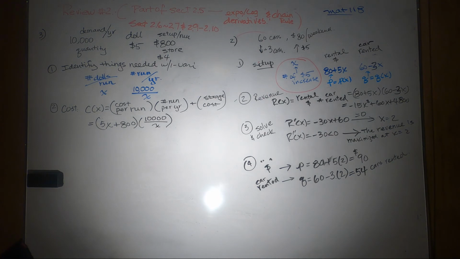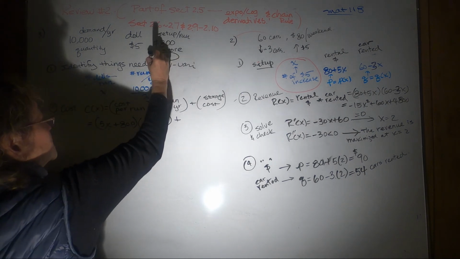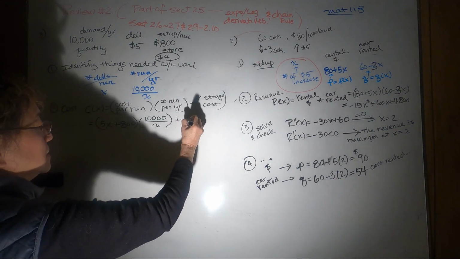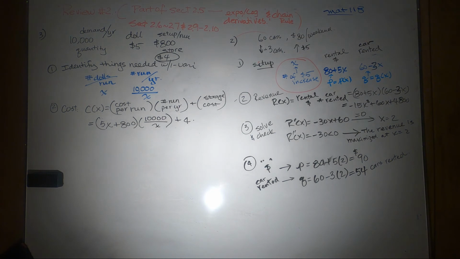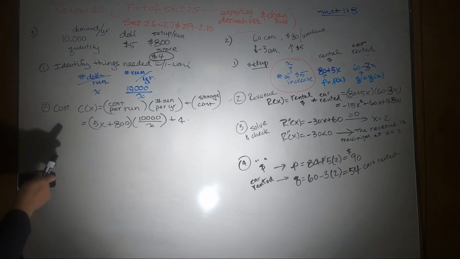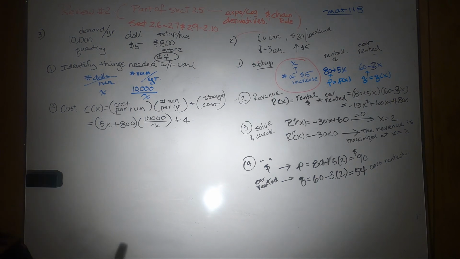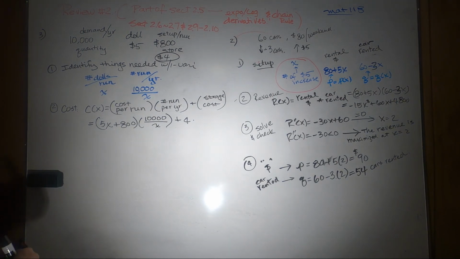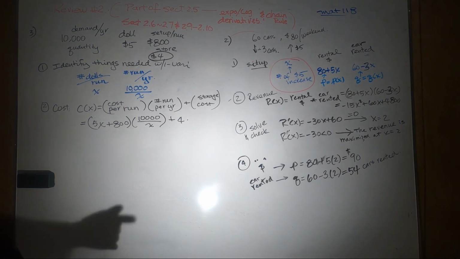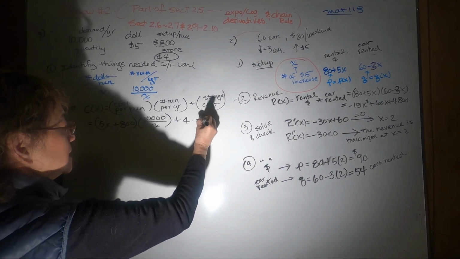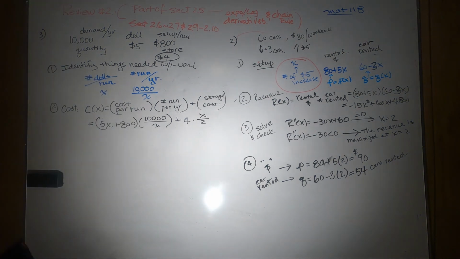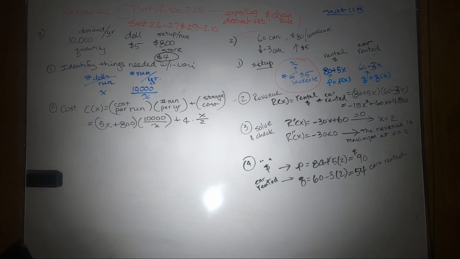Then what's the storage cost? Each one is $4, depending on how many dolls there are, which is X during that time before the next run. But we consider it as half, right? Average out. At the beginning it is X, at the end it is 0, so the average is half. That's how you set up your cost.